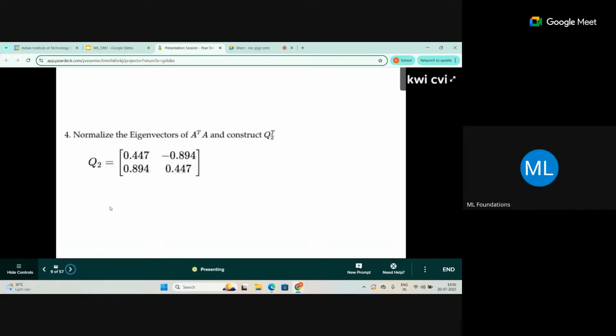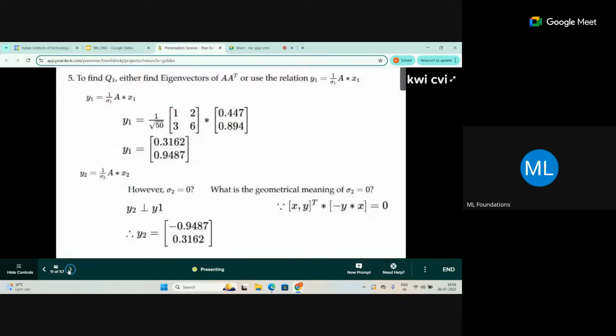We'll have to construct this Q2 transpose. How do we find Q1? Q1 is what? Here in this case, Q1 is U. So see, this was the relation, right? X1 is what here?